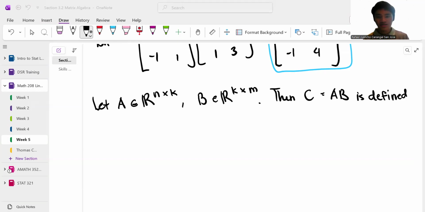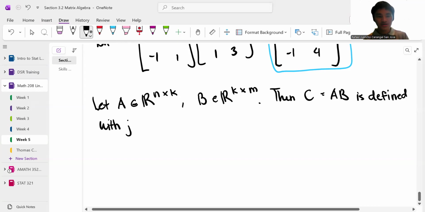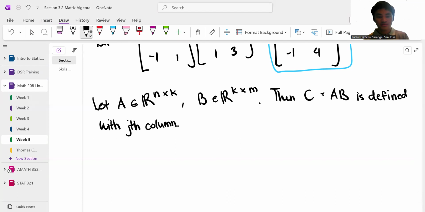So we say C is defined with jth column, or some column j. So let's try.